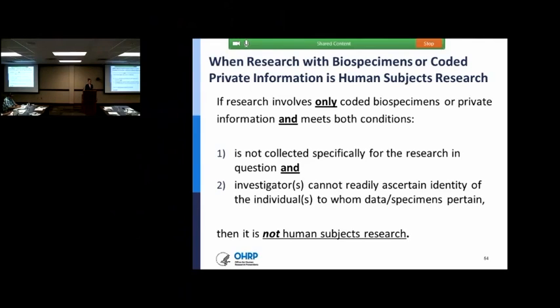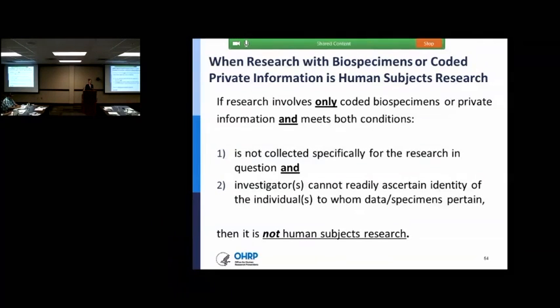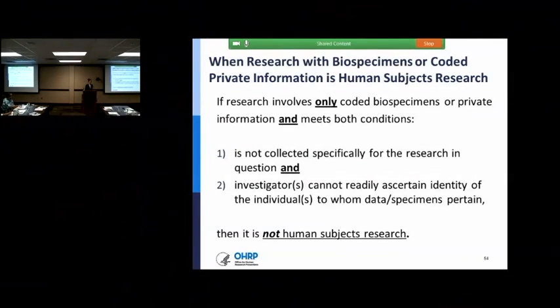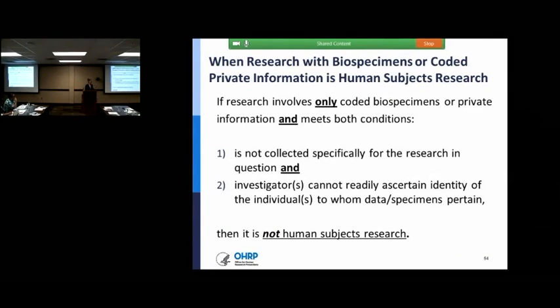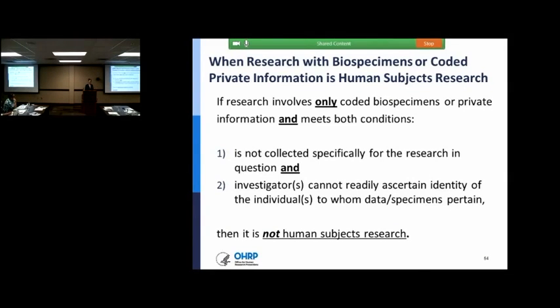And we have some questions. We'll be doing clicker questions a little bit later on. I'm sure you're all very familiar with the coded biospecimens policy, but it's good to review it because it is complicated.